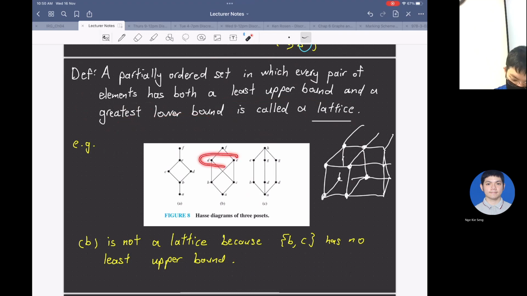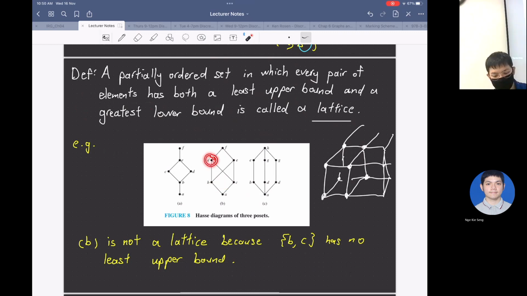So you need to find a pair such that you can't find the least upper bound or the greatest lower bound. If you look at BC here, you try to find the least upper bound. What are the upper bounds here?